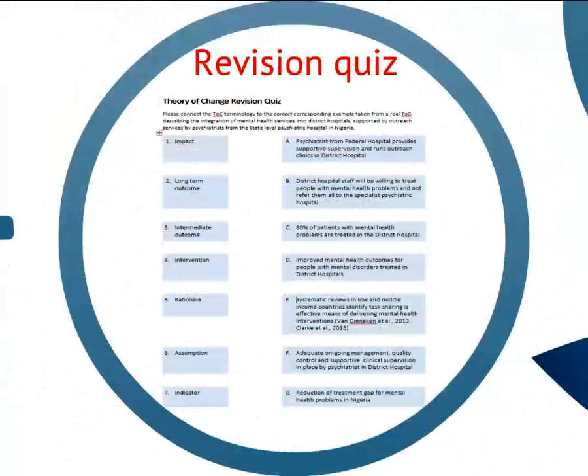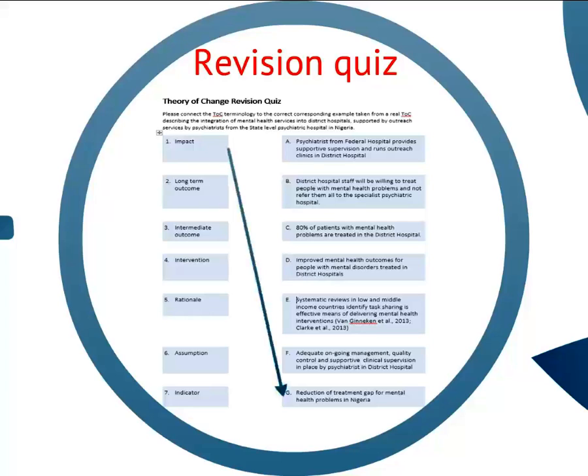Now, the last section of this bit about what theory of change is and how you construct one is just a little revision quiz. So I want you to spend 5 minutes or so and just join the dots. The theory of change components are on the left-hand side, and on the right-hand side is a description of what those things are.